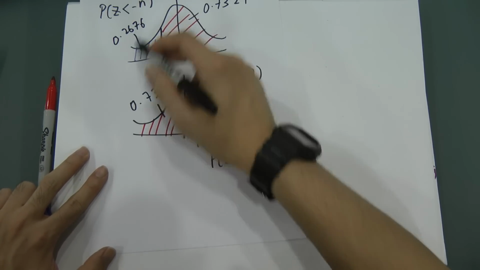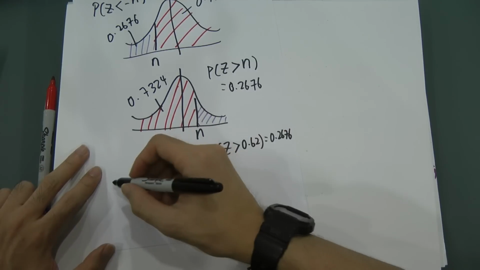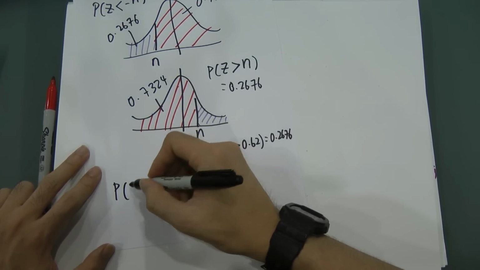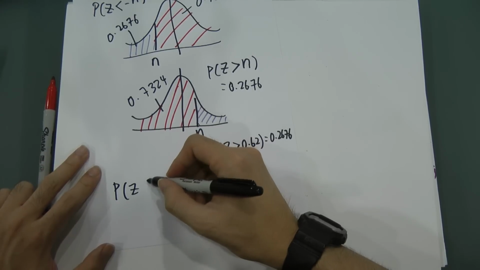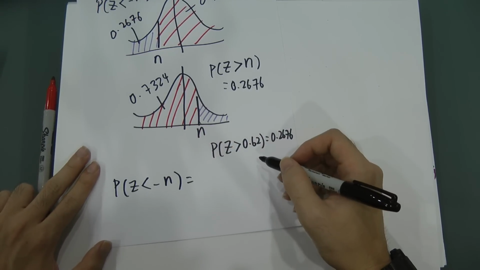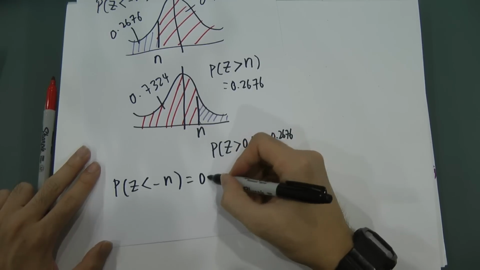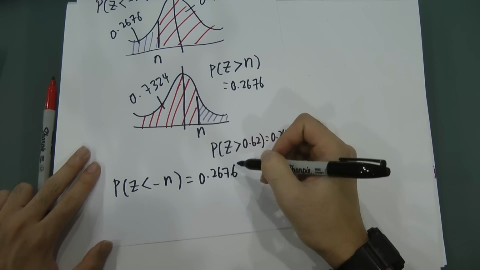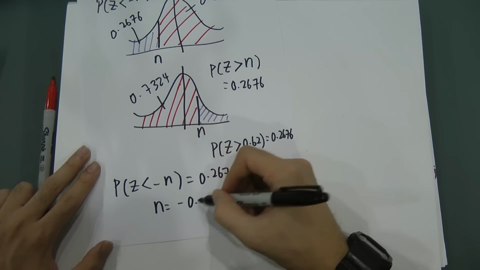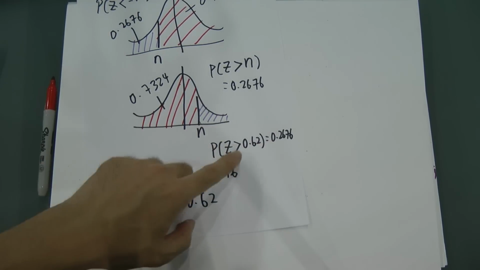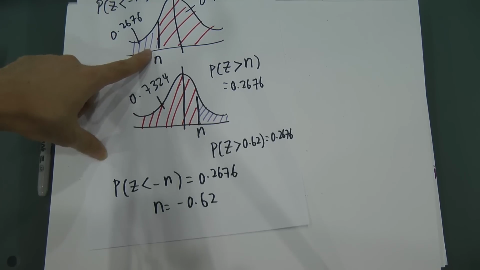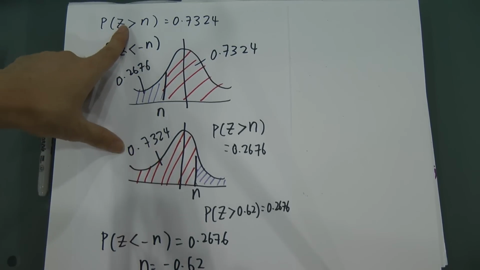That means when I get the probability for Z smaller than negative n, I will get 0.2676 also. Therefore, my n value will be negative 0.62 because this is a positive value. Because we know the real value is negative, then only we fulfill the condition above.